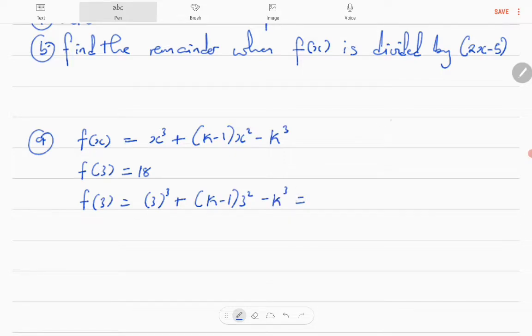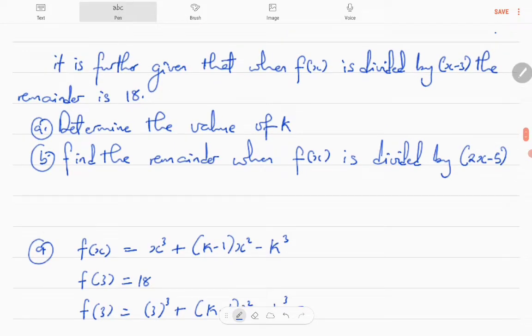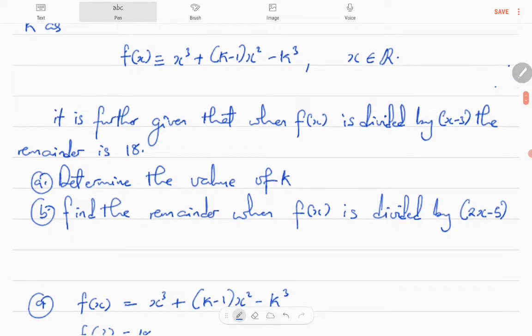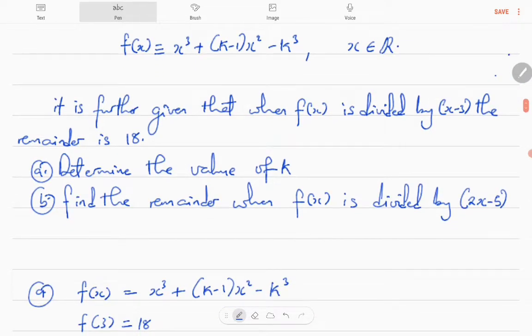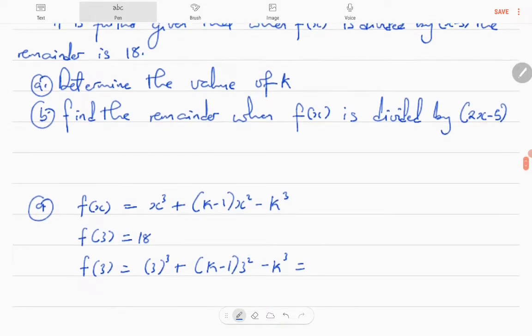Remember, when you divide the function f(x) by x − 3, you have a remainder of 18. So this will be equal to 18.